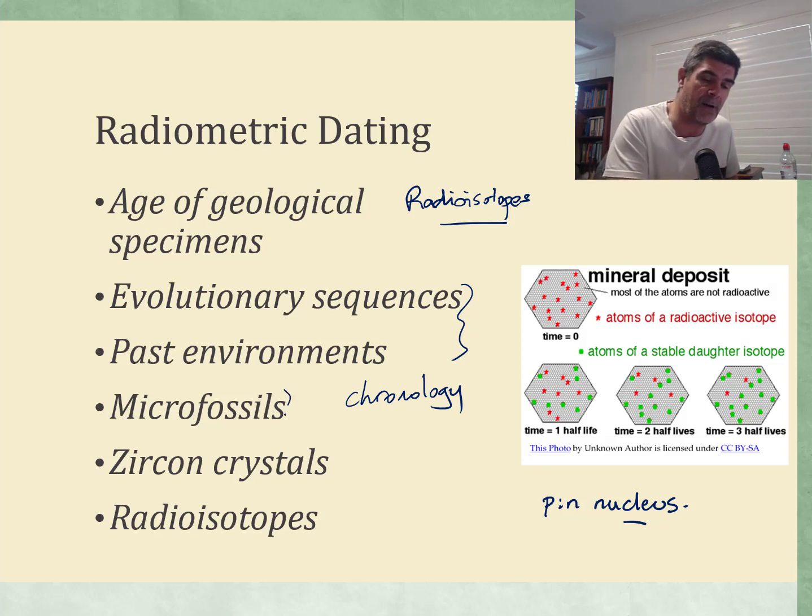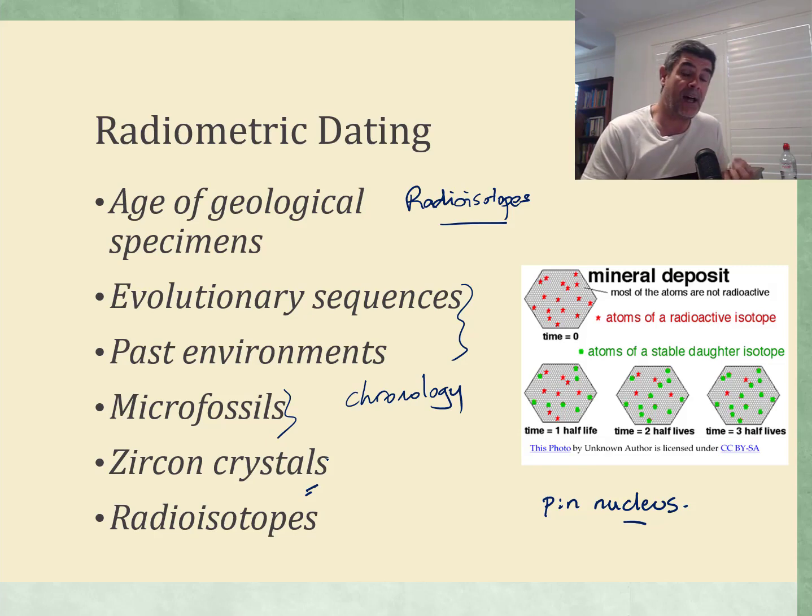We can also do this with microfossils, and our techniques for understanding, and in fact even just finding the presence of microfossils, have improved considerably, particularly over the last 30-40 years. Zircon crystals are often used, and sometimes we actually look at fission tracking, and I'll talk about that very briefly in just a moment. You can see from the diagram that in any mineral deposit, the vast majority of the atoms are not radioactive, and it's only a small portion of them that are.